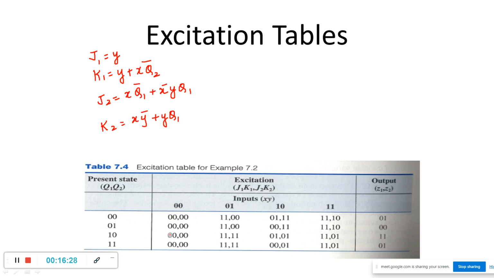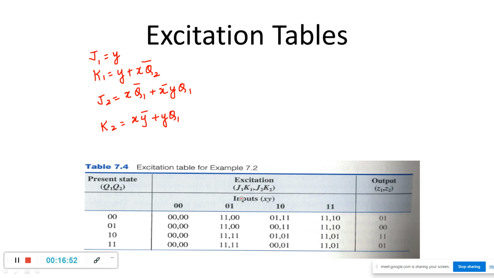So this is J1, K1, J2, K2, and again J1, K1, J2, K2 for each block. So these are 4 columns, isn't it? Because you have 4 excitation expressions.